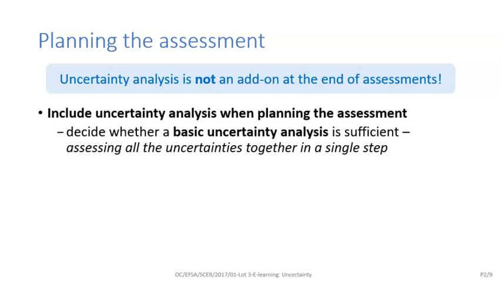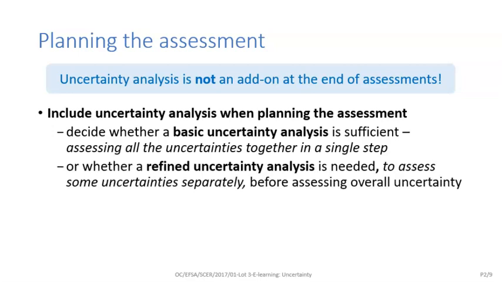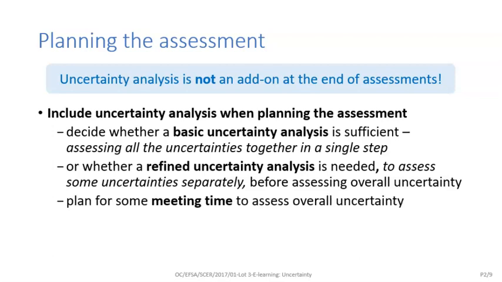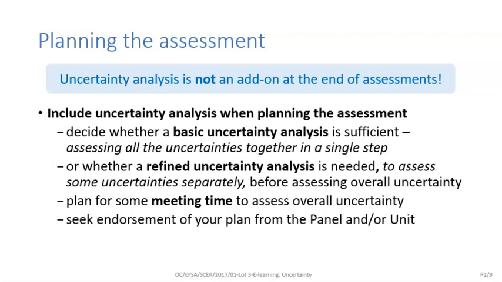You need to decide whether a basic uncertainty analysis is sufficient, assessing all the uncertainties together in a single step, or whether a refined uncertainty analysis is needed to assess some uncertainties separately before assessing overall uncertainty. If so, you need to decide which methods you will use for that. It's important to plan some meeting time to assess overall uncertainty and seek endorsement of your plan from the panel or unit before proceeding.